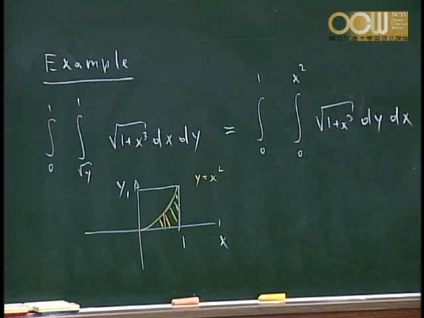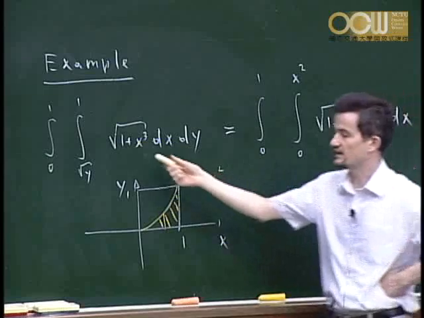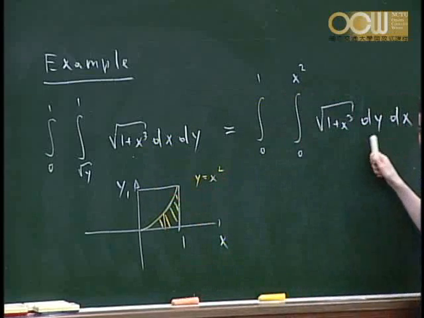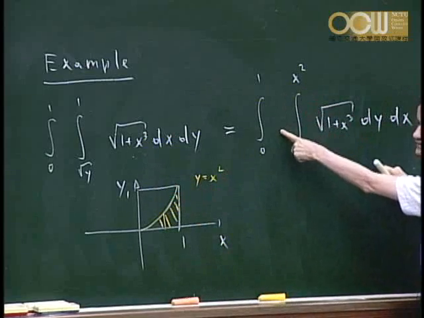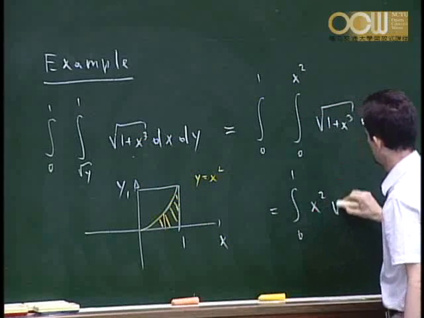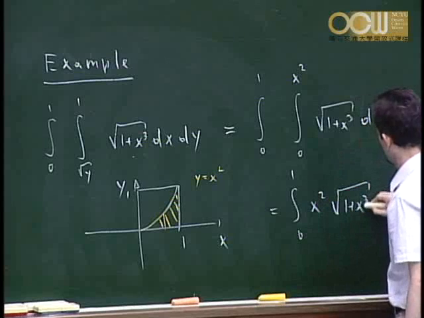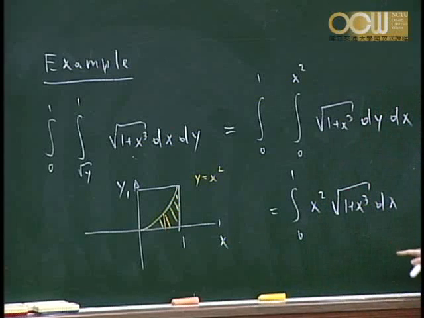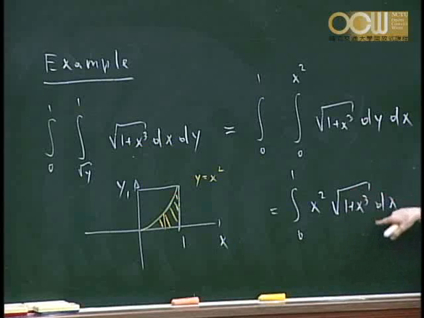Now you see the inner integral does not depend on x, so it does not depend on y. You can take this out, this is a constant, and you can solve the inner integral. But now you can also solve the outer integral, because this function here is the inner derivative of this function here.